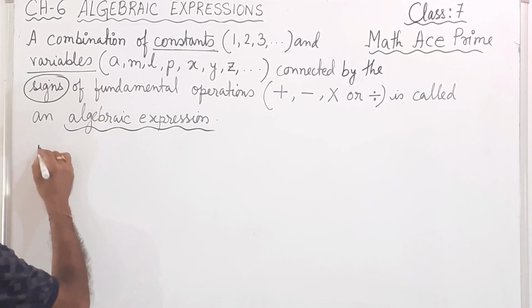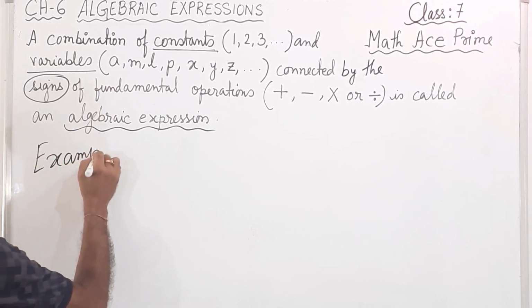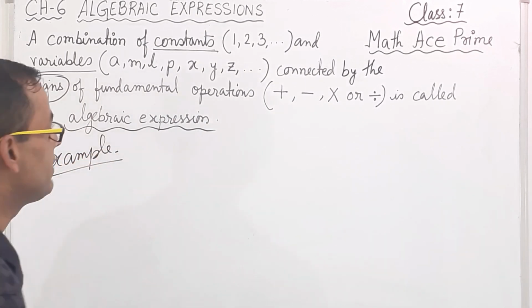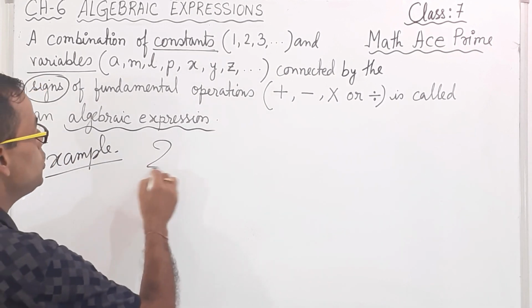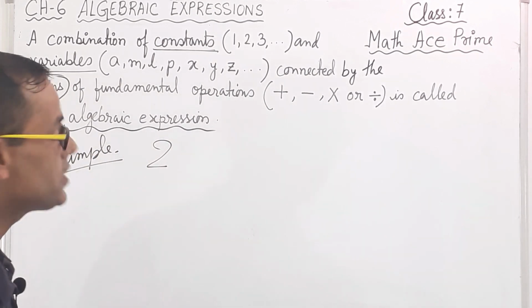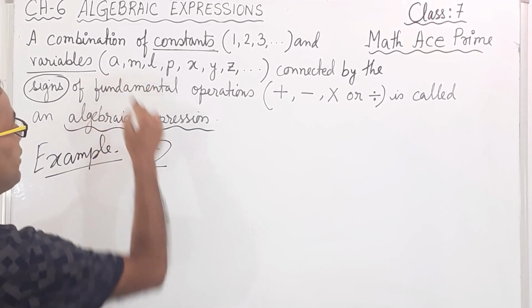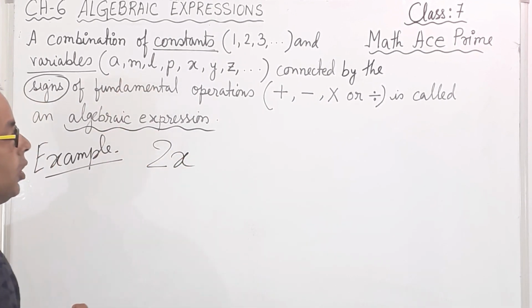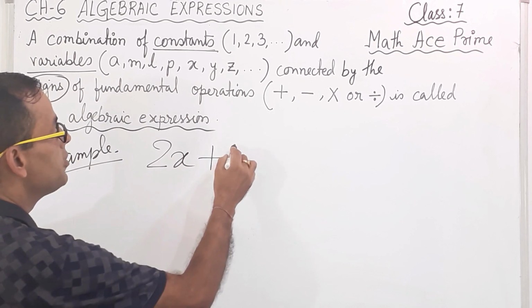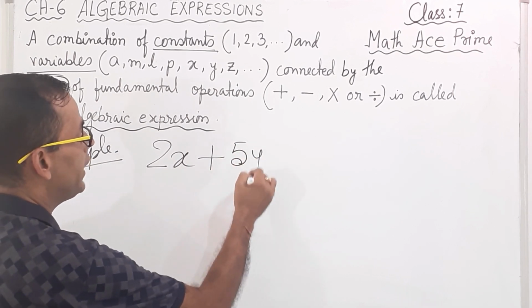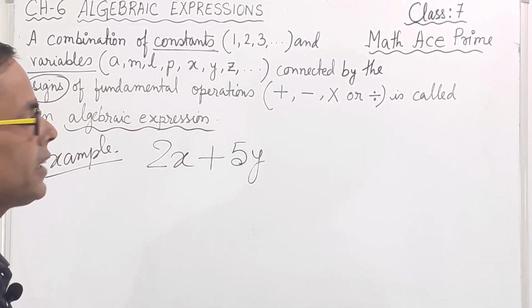Suppose I frame an example. If I take 2, it is a constant, and if I take a variable, 2x, clear no? Plus 5y. So this is an algebraic expression.